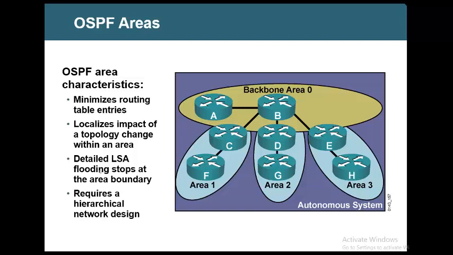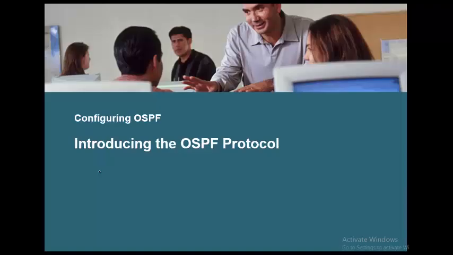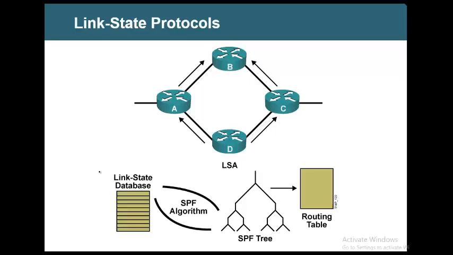So what we have learned here is OSPF is a link state routing protocol. It uses the SPF algorithm. O here means open standard. Link state advertisement and link state database make this protocol more efficient. It can make accurate path selection.